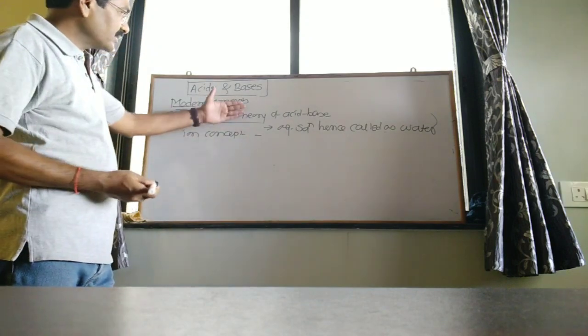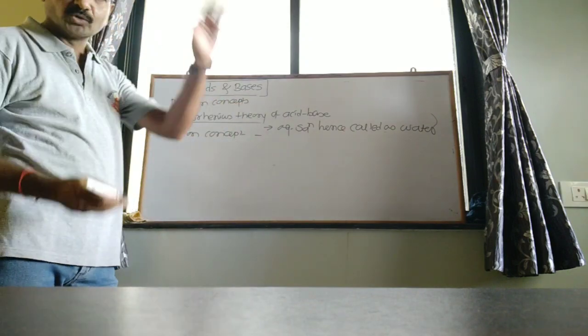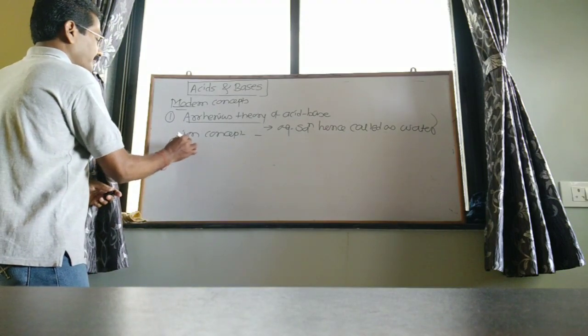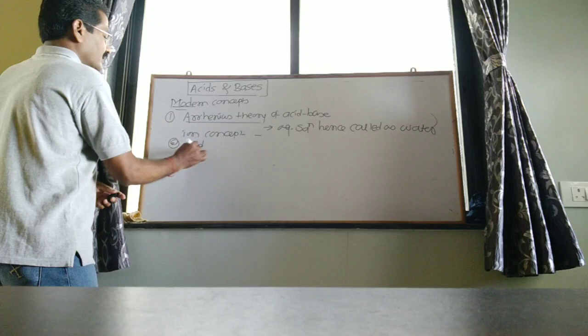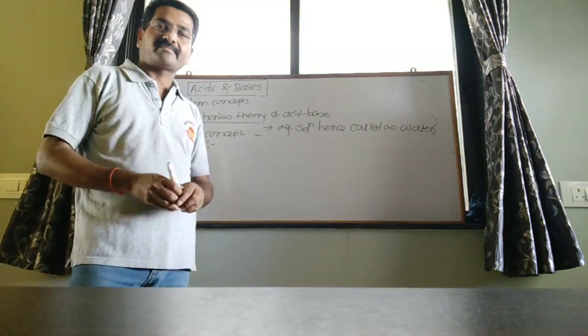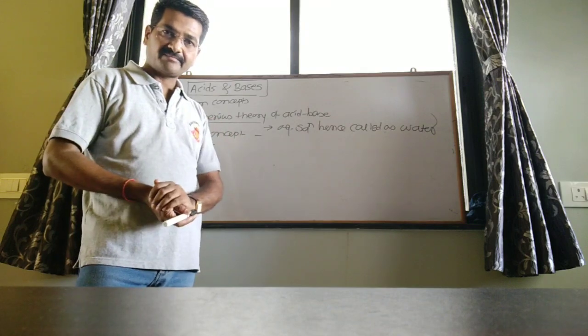According to this concept, acids and bases are defined as follows. First, A, acid. How to define acids by Arrhenius theory?